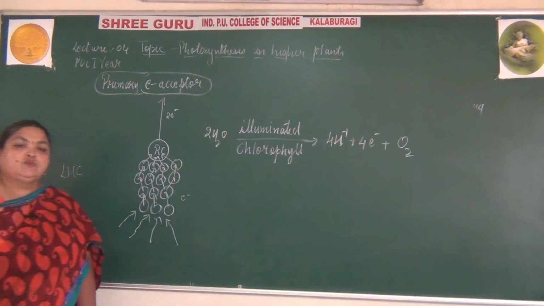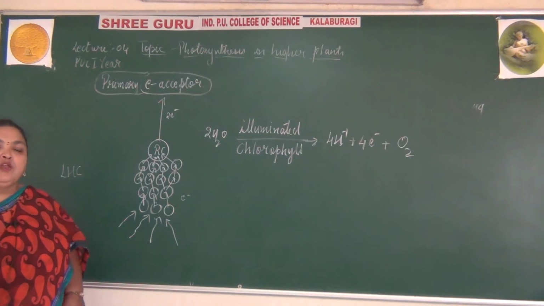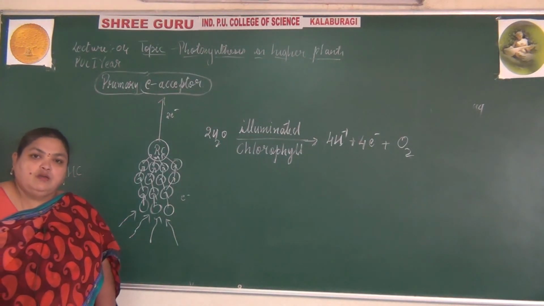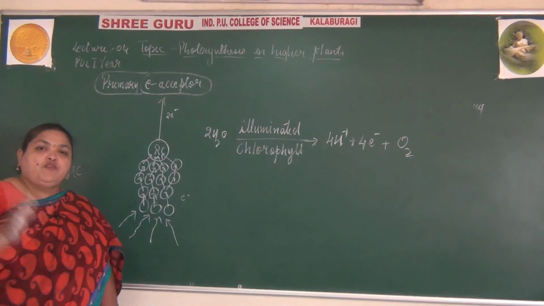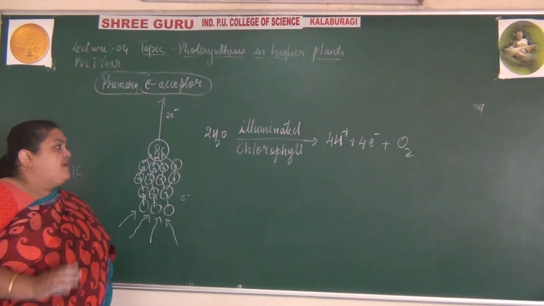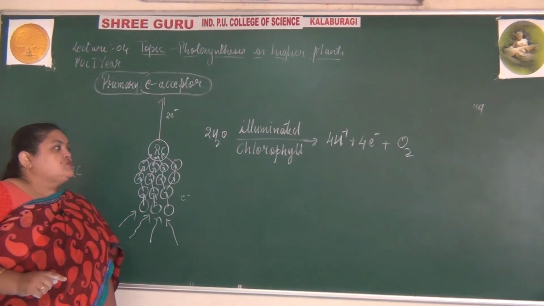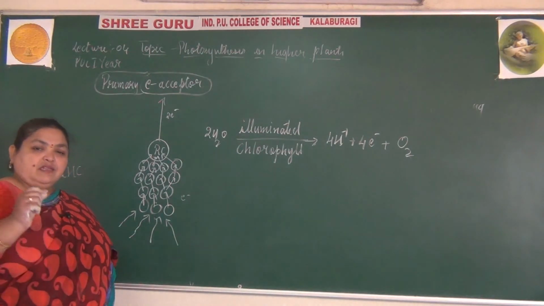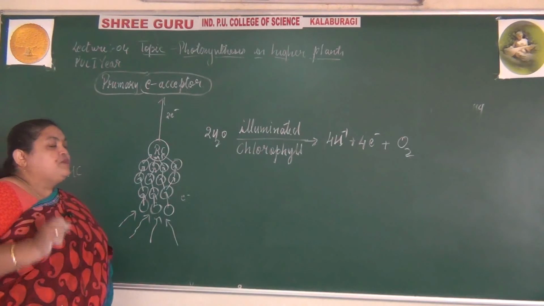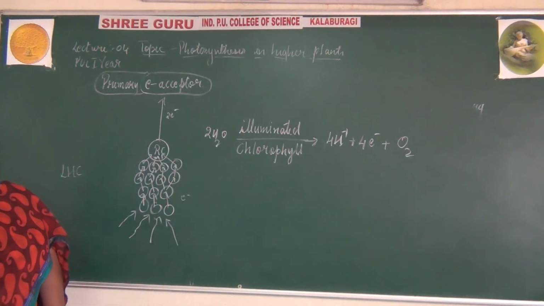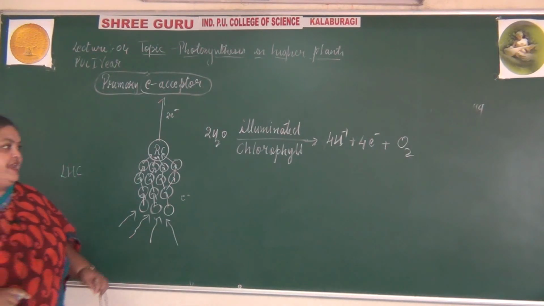So this process where the water molecules are split is photolysis. The splitting of water molecules occurs where the water, in the presence of chlorophyll molecule, gets illuminated and splits to form molecular oxygen with 4 protons and 4 electrons.